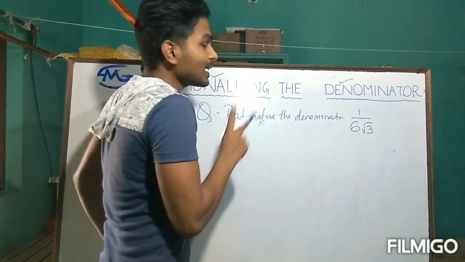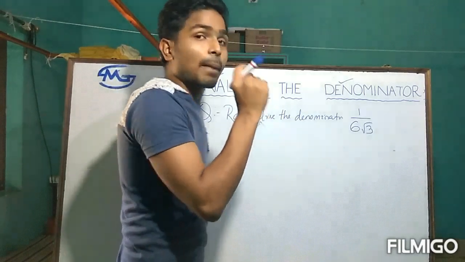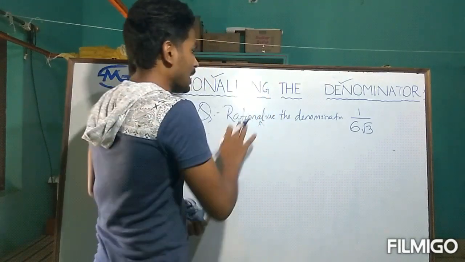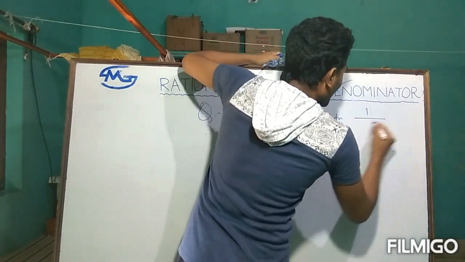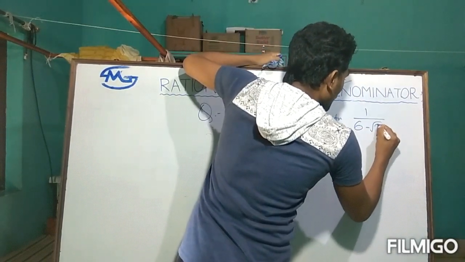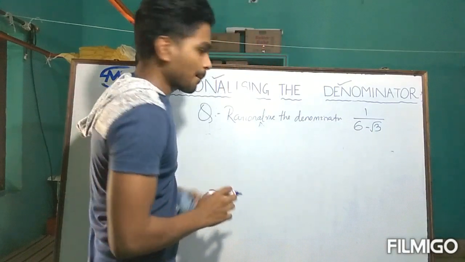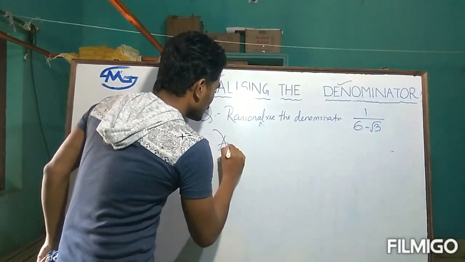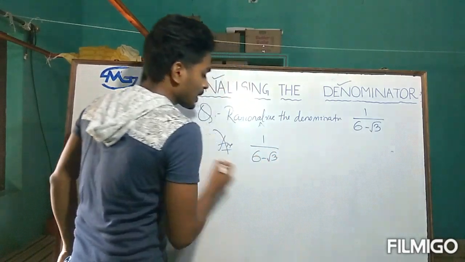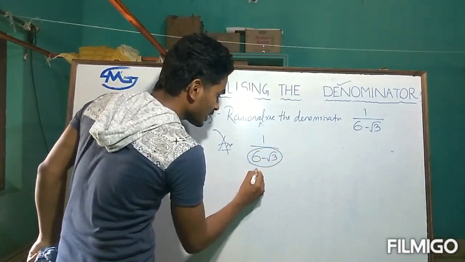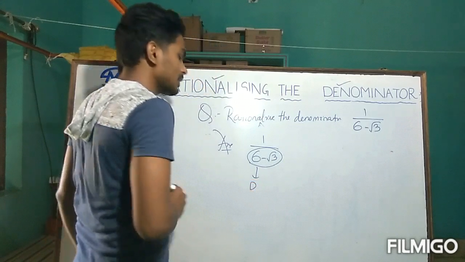the denominator is a double term, that means it is a binomial term. Like, rationalize the denominator 1 by 6 minus root 3. Okay? So the question is 1 by 6 minus root 3. So here the denominator is 6 minus root 3.